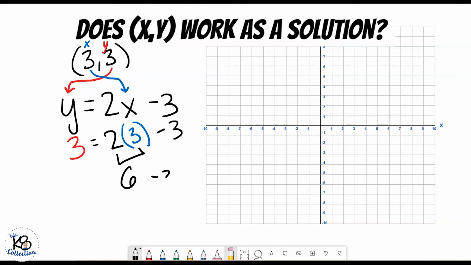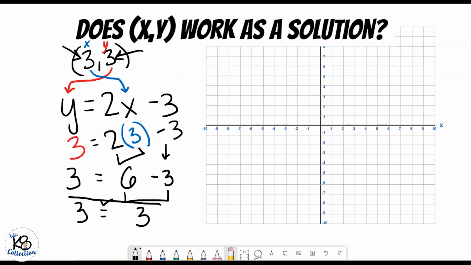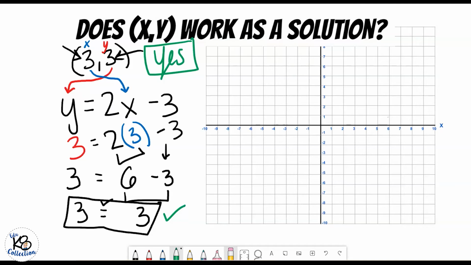I'm going to bring down my minus 3, and my equals, and my 3. 6 minus 3 is 3, and I can see that plugging in 3 for x and 3 for y led me to what is still a true equation. 3 does equal 3, so I would say yes, (3, 3) is a point on this graph. I'm going to write that down so we don't forget. We're going to do 2 more examples and then we'll see whether or not we were correct by graphing.